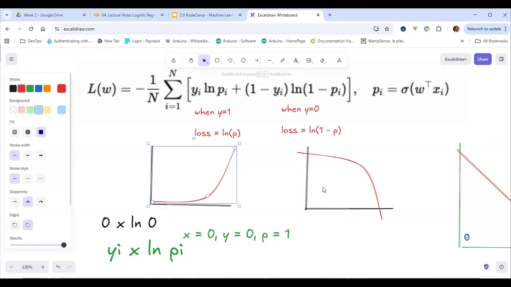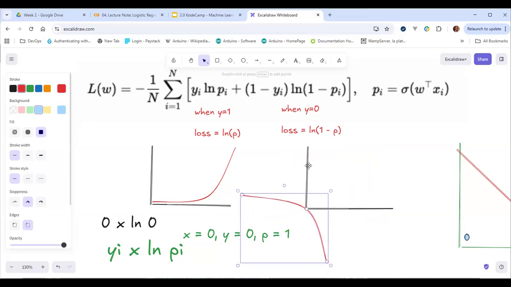And why this is very helpful is this. When y is 1, that is, the actual value is 1, the loss will be high. Well, this is actually a reverse. Usually the whole idea is that the loss should be small when the predicted value p is close.